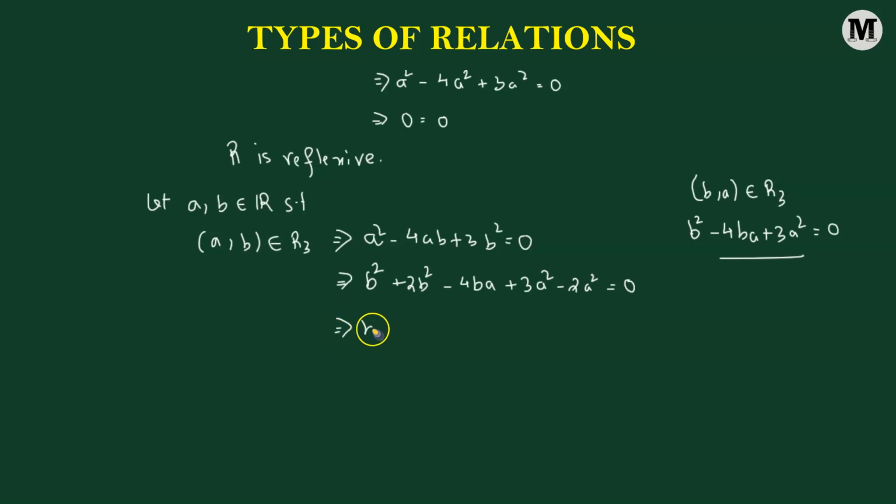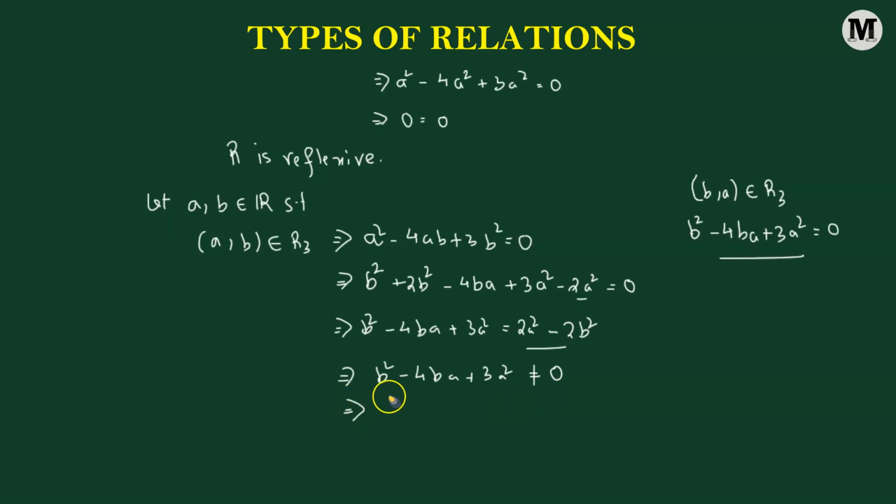So now we get b squared minus 4ba plus 3a squared, and this is going to be equals to 2a squared minus 2b squared. Fine. So here this is not equals to 0. We have shown that b squared minus 4ba plus 3a squared, we wanted it to be 0, but here we are not getting it as equals to 0.